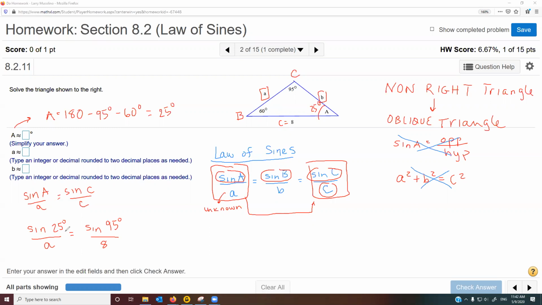Now, anytime you have one fraction equal to another, we can cross multiply. So this is going to be A times sine 95 degrees is equal to 8 times sine 25 degrees. I want to get A by itself, so I'm going to divide both sides here by sine 95 degrees.